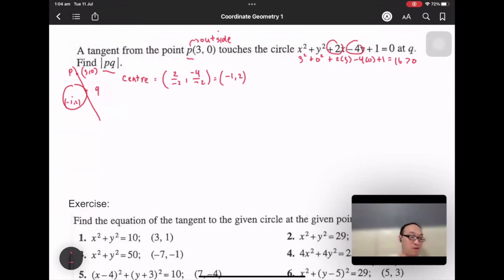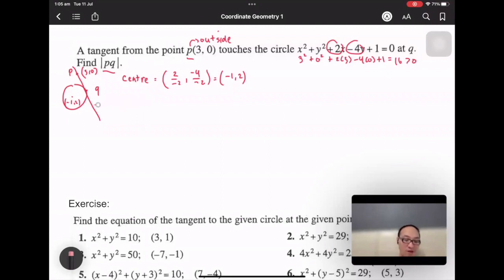Now, we know the tangent is passing through P. So the equation of the tangent is mx plus c. That means we can have the gradient. Okay, we don't know the gradient of the radius or the gradient of the line. So we can use this.